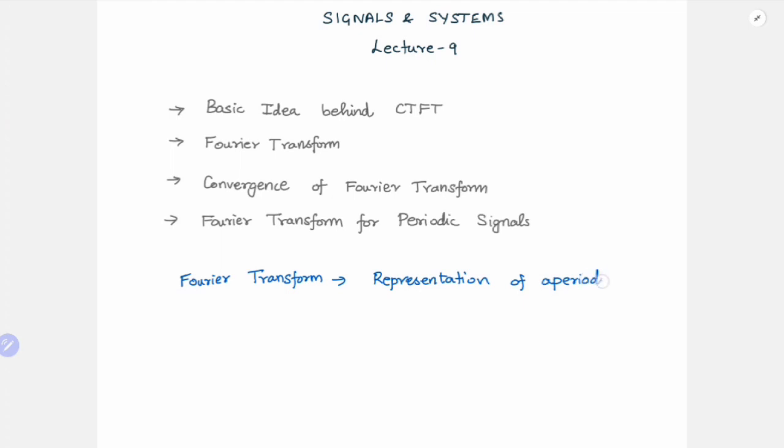Fourier series was for periodic signals. So for Fourier series, it was a summation, and let us explore what happens in the case of aperiodic signals.